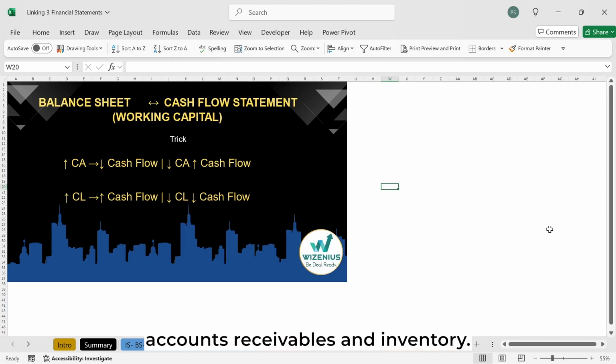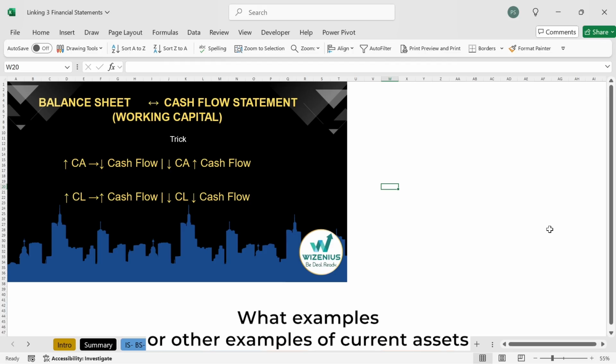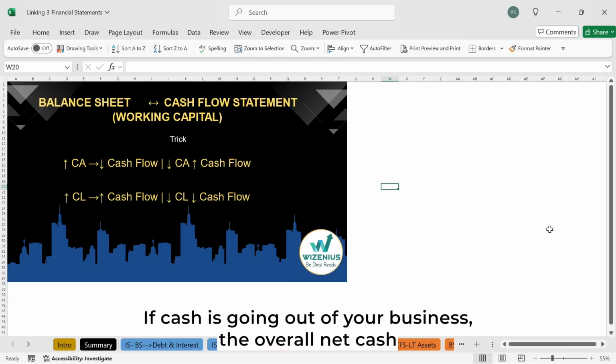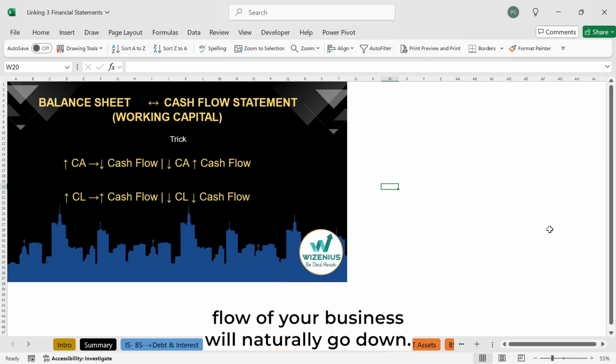Accounts receivables and inventory are examples of current assets. Can I not say increase in current assets leads typically to outflow of cash, and increase in current liabilities typically leads to an inflow of cash? If cash is going out of your business, the overall net cash flow of your business will naturally go down.